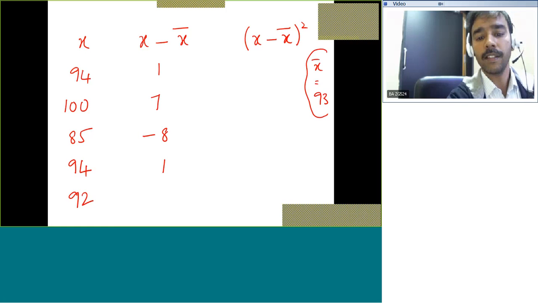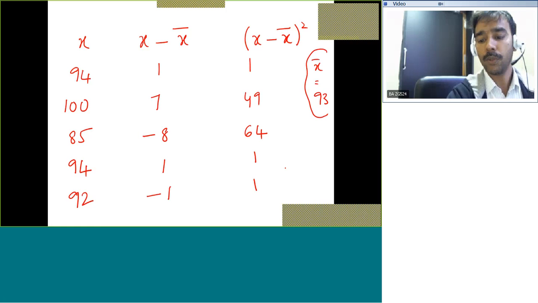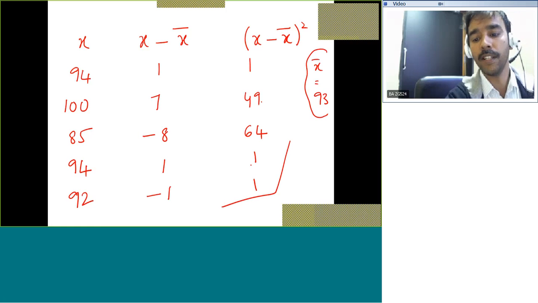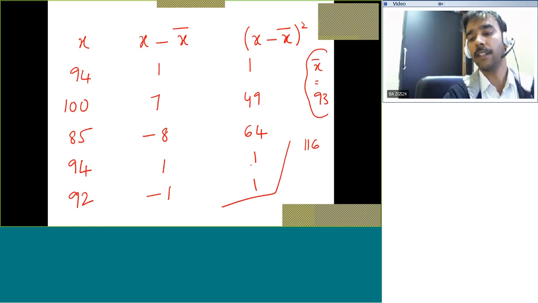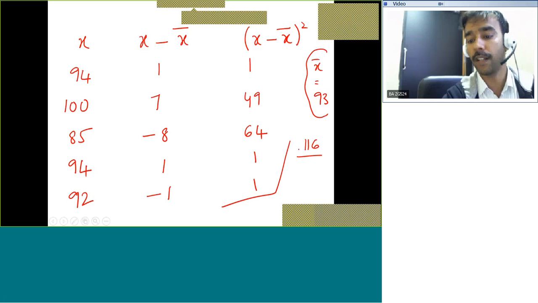You square it. This is 1. This is 49. This is 64. This is 1. And this is 1. So you total this. 50 plus 64, 114, this is 116. So divide not by number of observations, but by number of observations minus 1, that is 4. This is your s square.